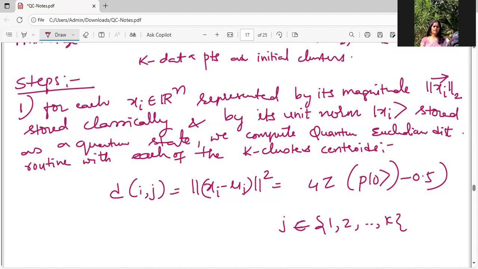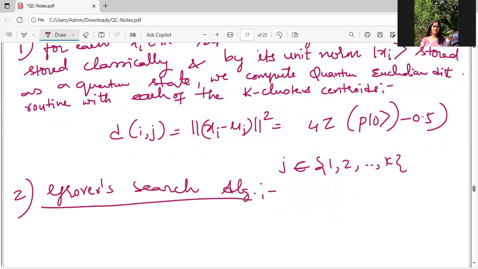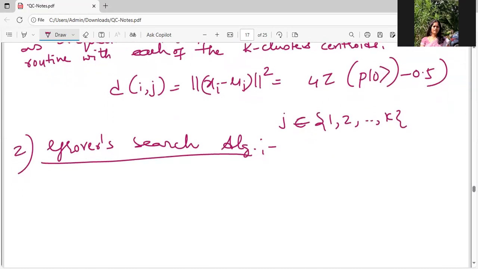Okay. Next, what we will do? Euclidean distance and then Grover's search, right? The next step would be Grover's search algorithm. Again, it's a powerful quantum algorithm.